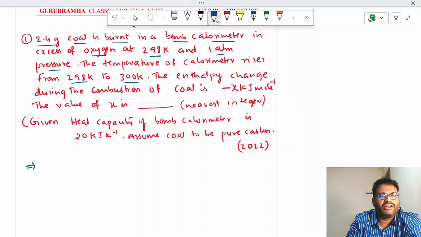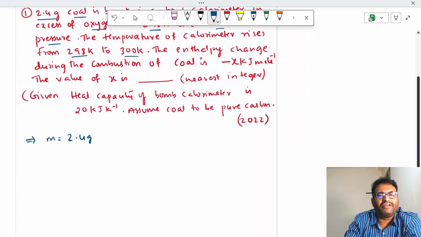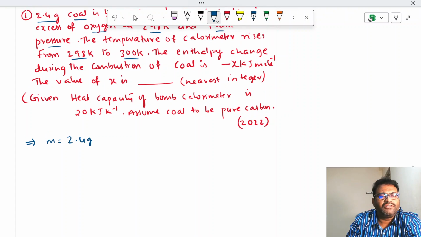So let us write the data given. Mass of coal given: 2.4 grams. Theta given: how much? Rise in the temperature is 300 minus 298 Kelvin, which is equal to 2 Kelvin, right?